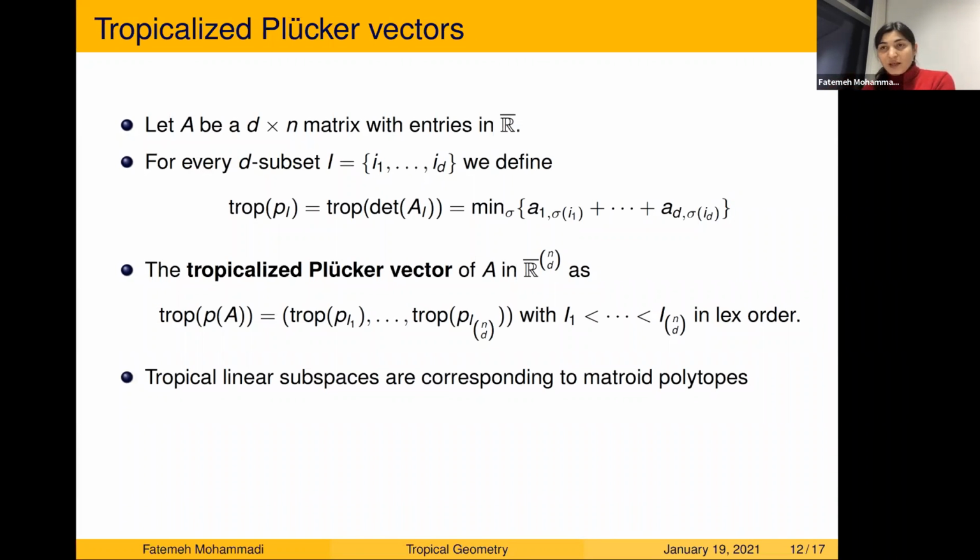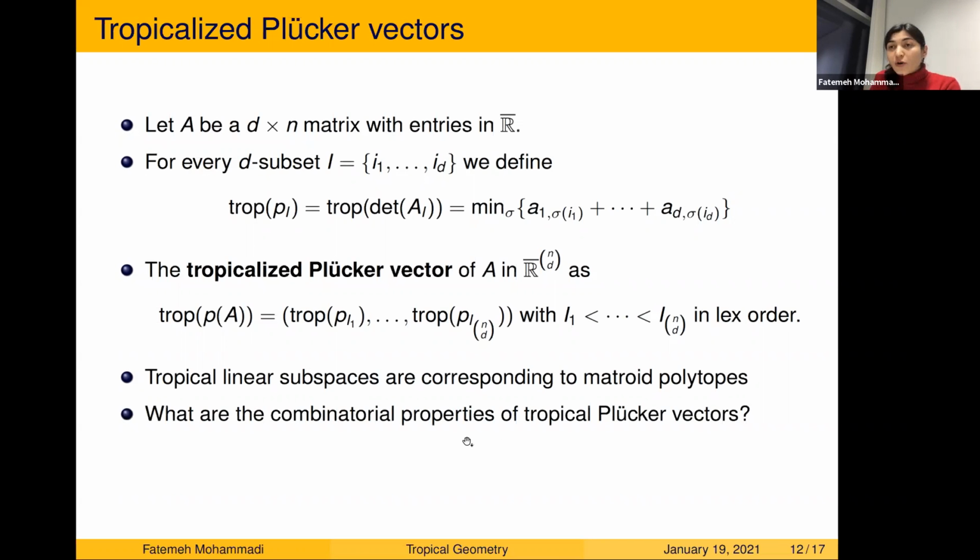Okay, but what is important is that what we saw before is that if you start from a linear vector space and you look at the tropical linear subspaces, they correspond to matroid polytopes and the dual fan of some specific faces of this polytope, right? So another question is whether there is a combinatorial way to detect these tropicalized Plücker vectors, whether I can combinatorially see these vectors.